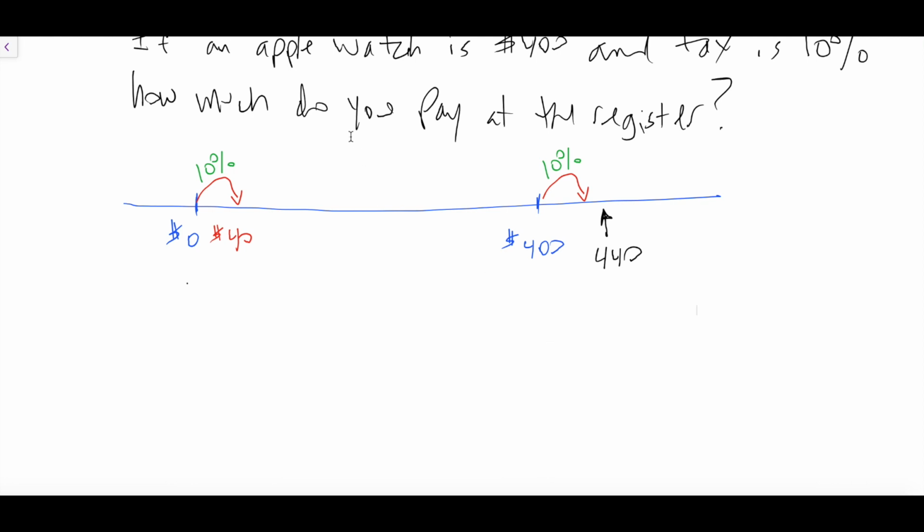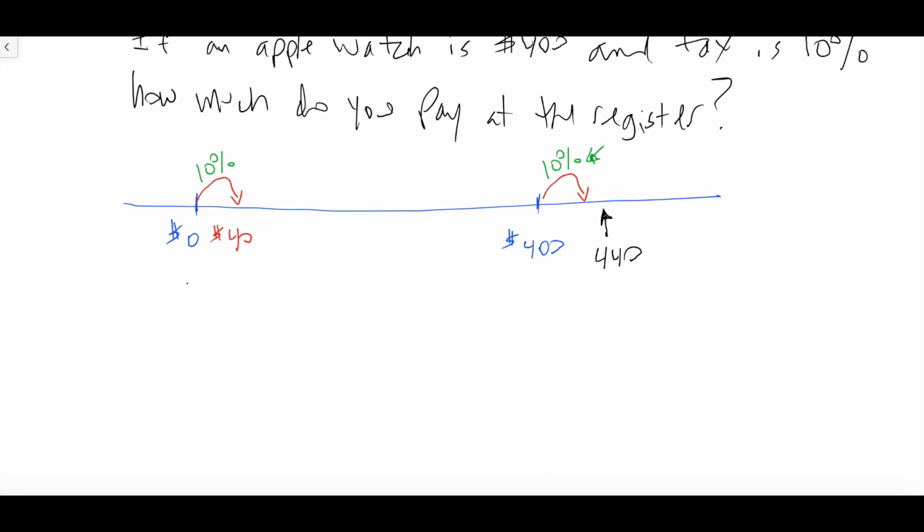Do you know what it is? It's over 100%. In fact, I can tell you how much over 100% it is. It's 110%.